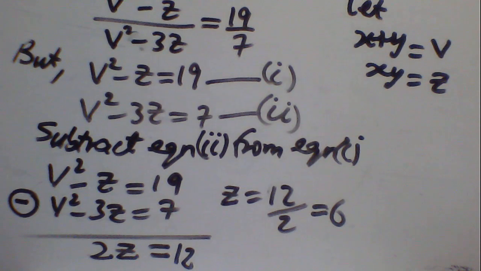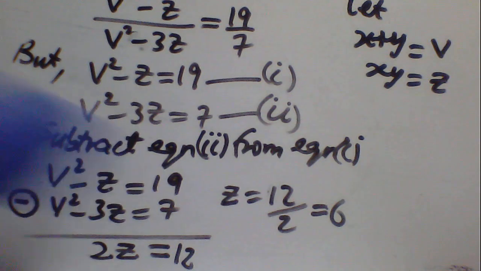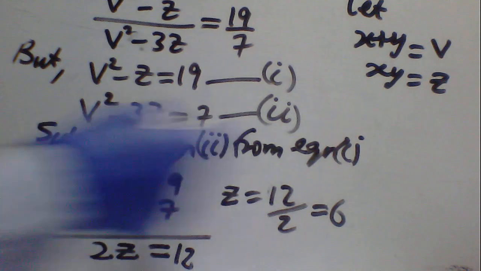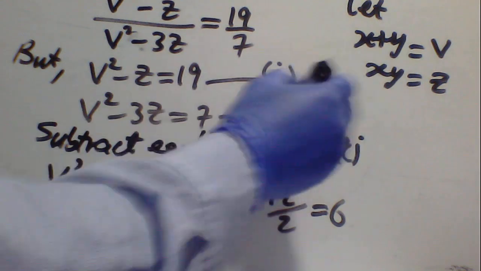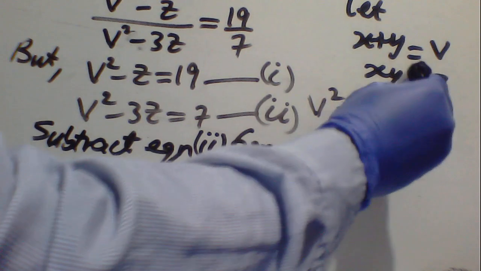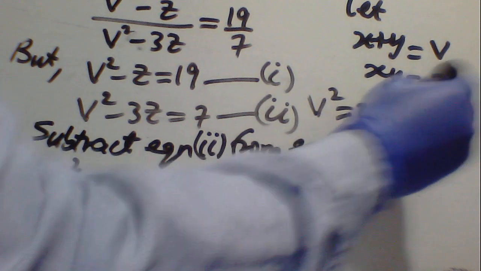So once you have gotten z to be equals to 6, then look at this equation here. You can find the value of v. So from equation II, I have that v squared is equals to 3z plus 7.